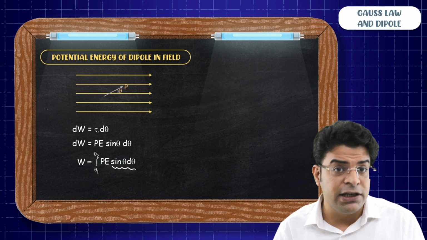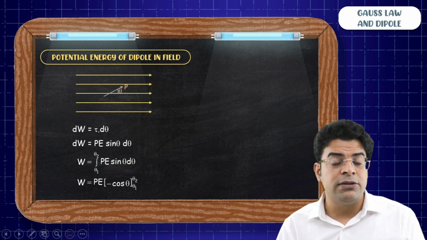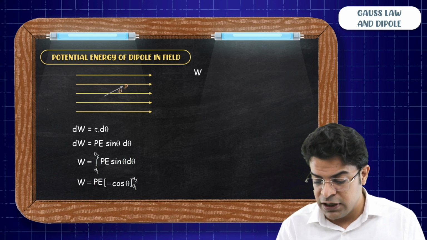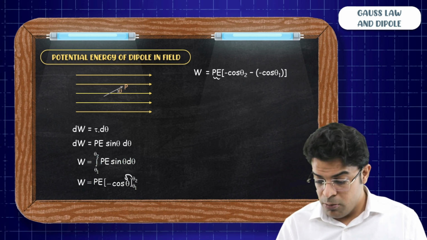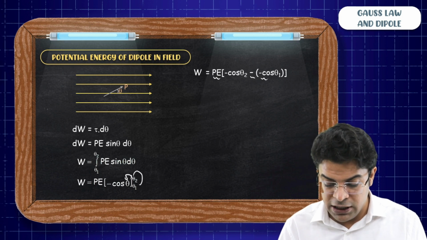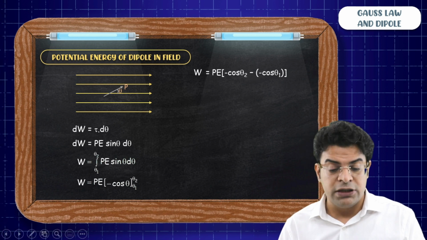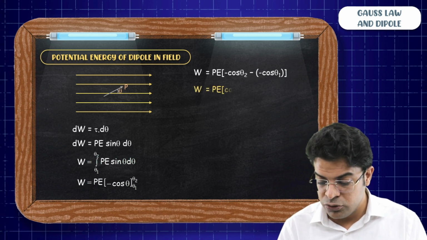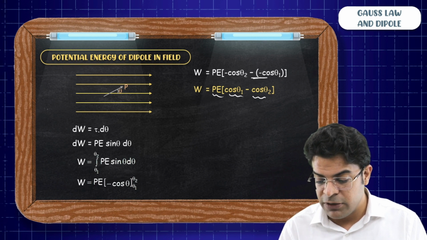Integration of sine theta d theta gives you minus cos theta, lower limit theta 1, upper limit theta 2. Always substitute upper limit minus lower limit. So the work done is PE into minus cos theta 2 minus of minus cos theta 1. This minus minus becomes plus, and you get the work done equals PE into cos theta 1 minus cos theta 2.